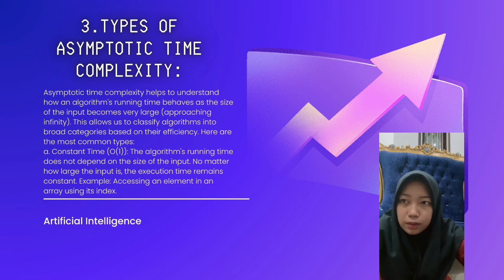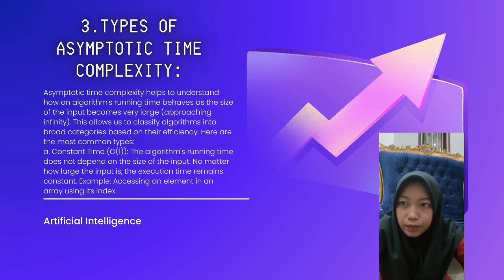Number 3. Types of asymptotic time complexity. Asymptotic time complexity helps to understand how an algorithm's running time behaves as the size of the input becomes very large, approaching infinity. This allows us to classify algorithms into broad categories based on their efficiency.